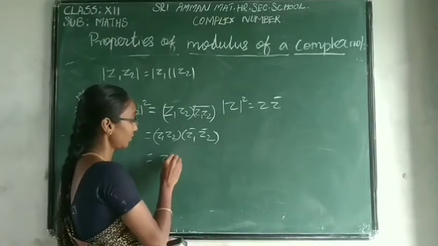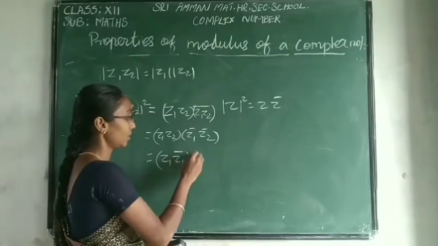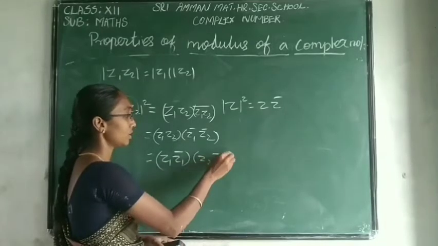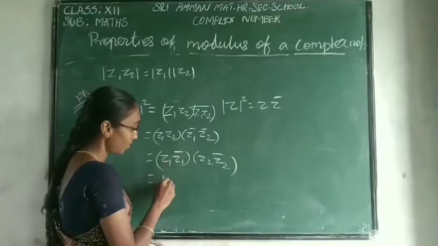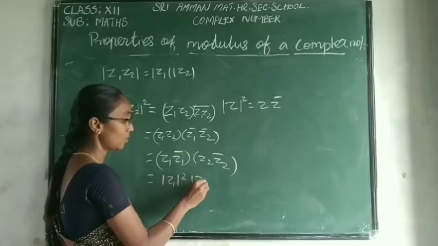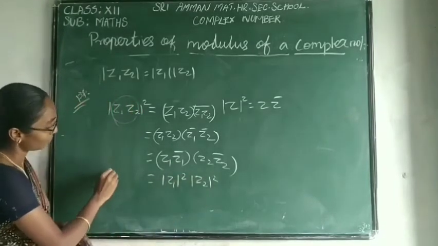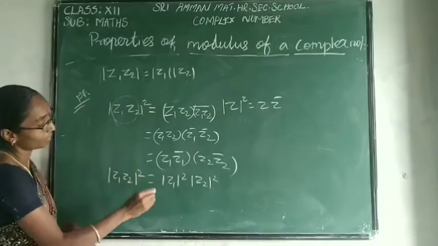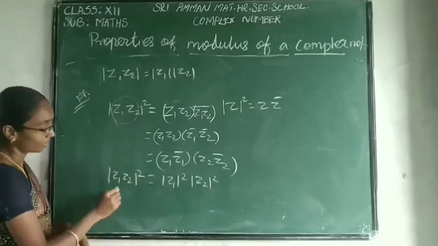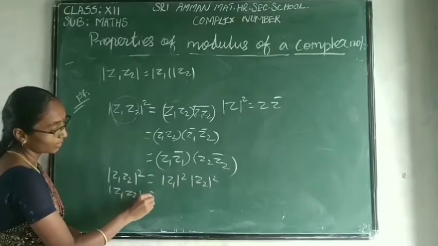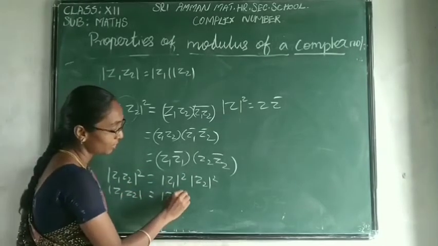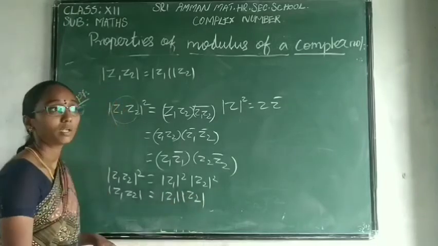So z1 z1 bar into z2 z2 bar. This is modulus of z1 square into modulus of z2 square. So modulus of z1 z2 the whole square is this. Taking square root on both sides, modulus of z1 z2 equals modulus of z1 into modulus of z2.